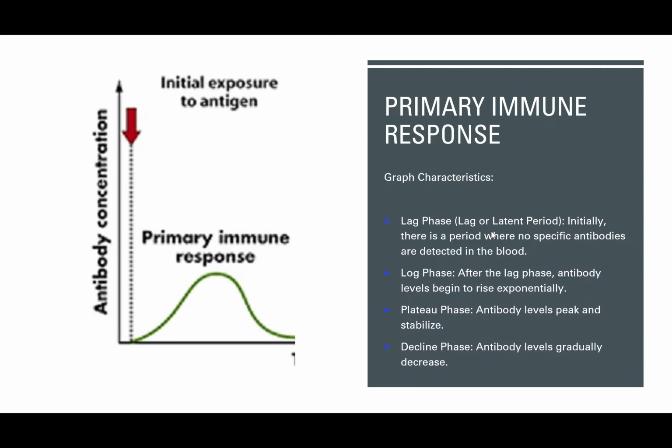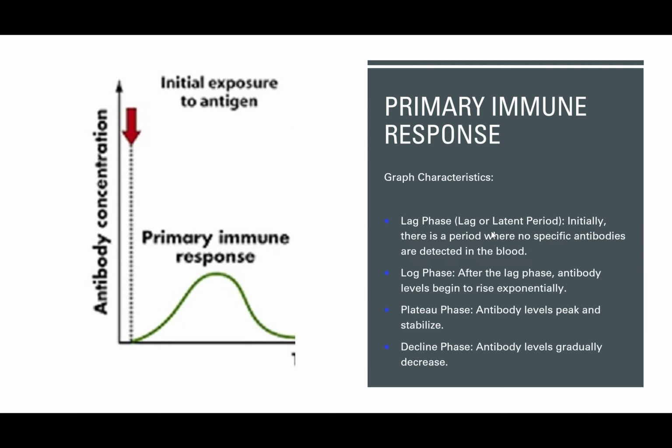So the primary immune response. We have the lag phase, the log phase, the plateau phase, and the decline phase. 4 phases. In the first response, we have the lag phase. Initially, there's a period where no specific antibodies are detected in the blood. So it takes a little time there.